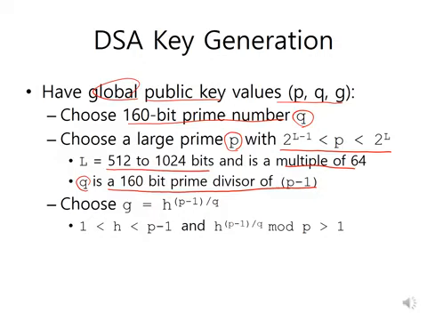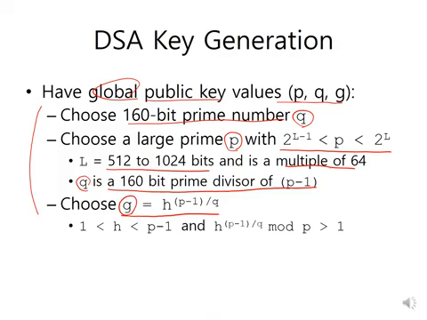And then we compute G as H to the (P minus 1) over Q. The condition is H is between 1 and P minus 1, and the value H to the (P minus 1) over Q mod P should be greater than 1. So this is the global public key setup procedure.